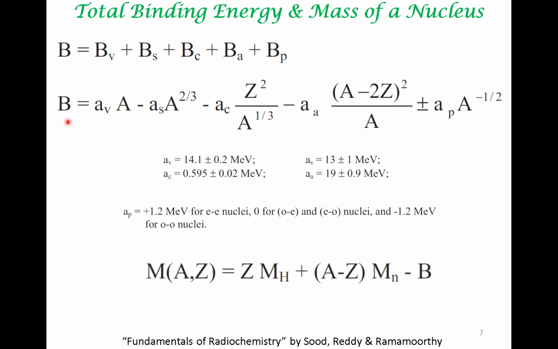This can be utilized for getting the mass of any particular nucleus, because the mass of the proton is known, and the mass of the neutron is also known. This B can be obtained from this formula. Therefore, the mass of any unknown nucleus of atomic number Z and atomic weight A can be obtained using this semi-empirical mass formula developed by von Weizsäcker.